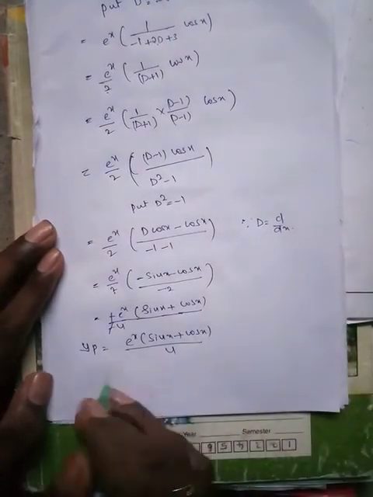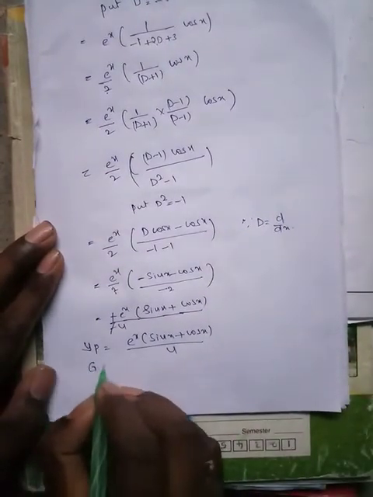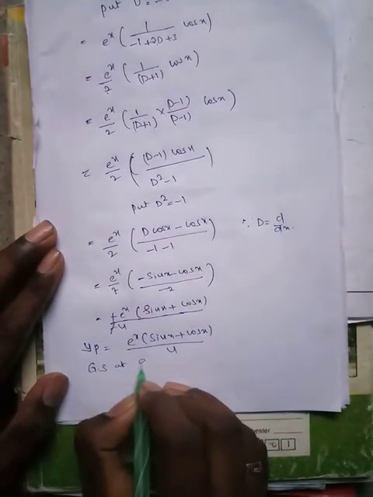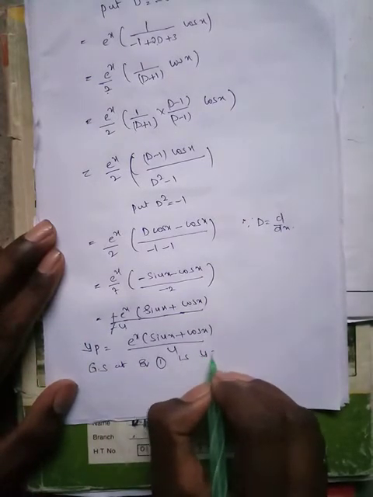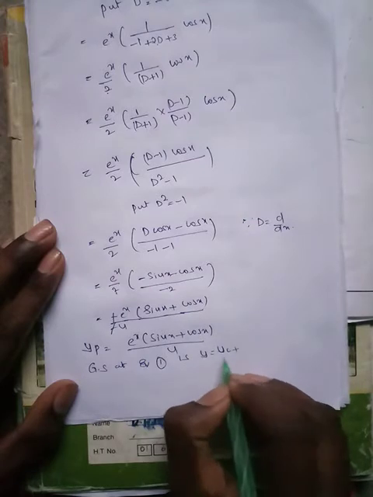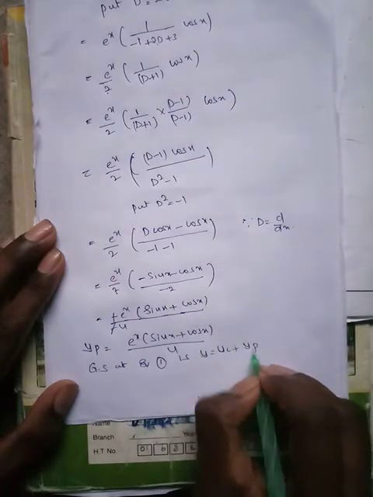Now I need to find the general solution. GS of equation 1 is y equals yc plus yp.